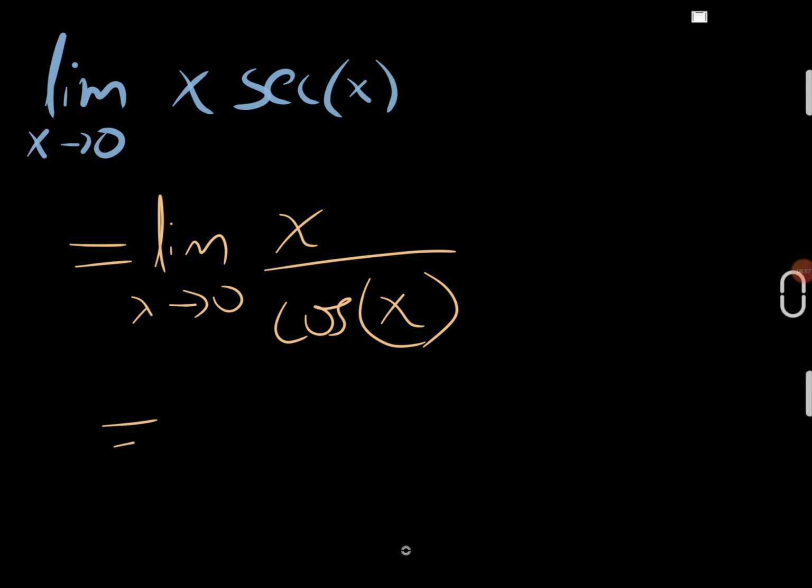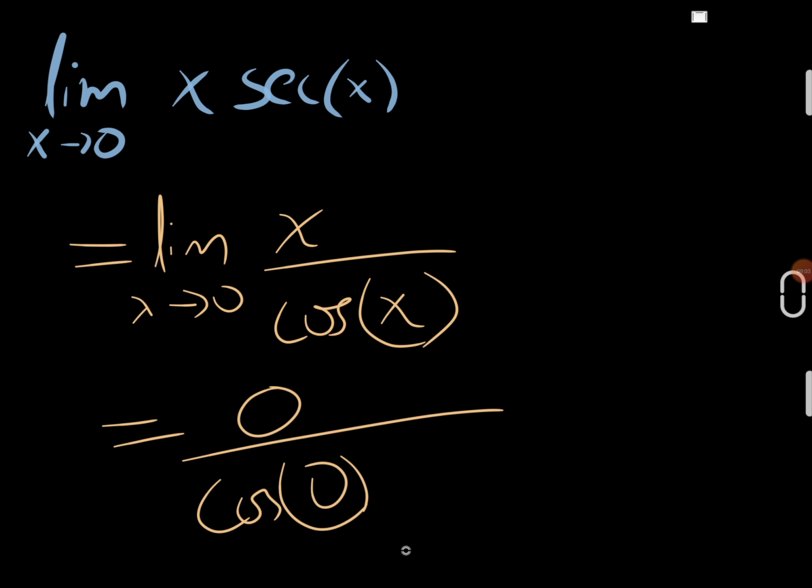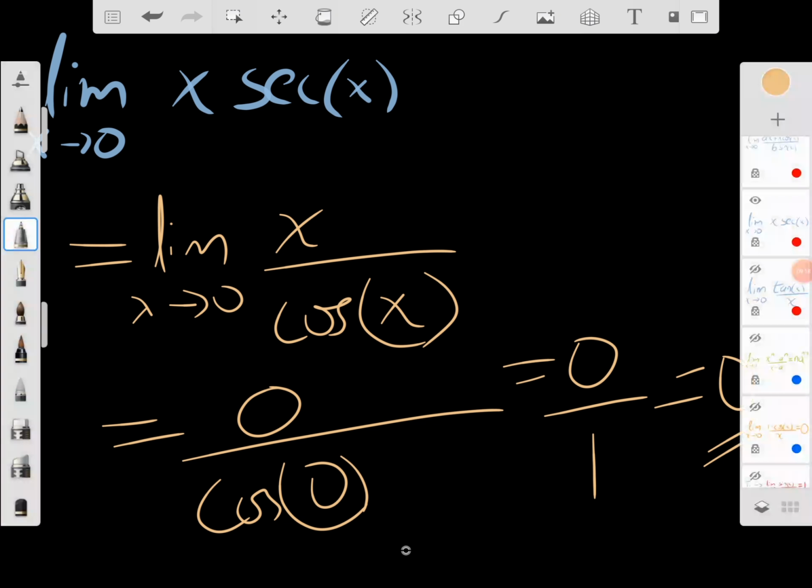When I'm putting the value of 0, shortcut method, it will be 0 by cos of 0, which is 0 by 1, and that is quite acceptable. 0 by 1 is 0. It is fine. When x approaches 0, the answer approaches also 0. Very decent fraction. Okay, that is good enough.